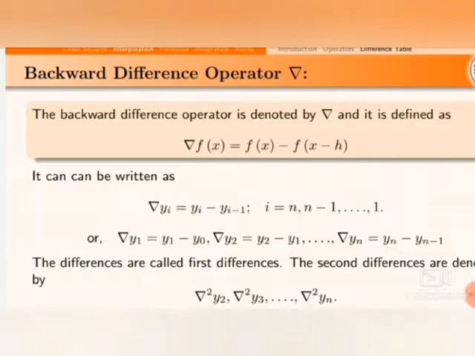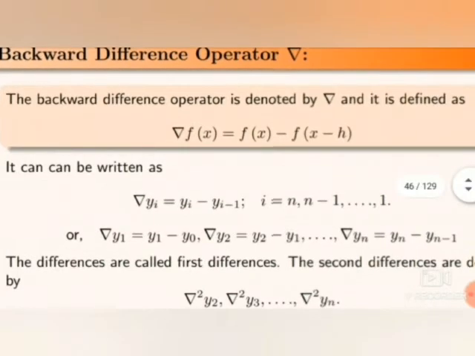And here see the backward difference operator. The backward difference operator is denoted by the reverse triangular symbol, and the formula is del f of x equal to f of x minus f of x minus h.